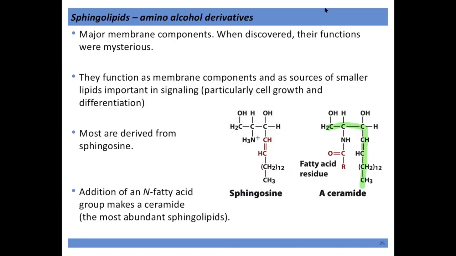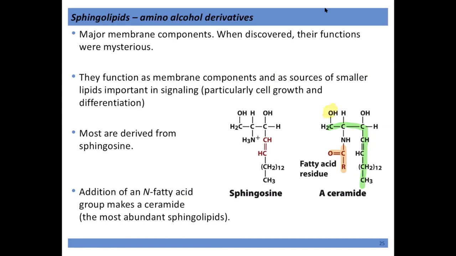And then off of the nitrogen here, instead of forming an ester, you can form an amide. And when you put a fatty acid off there, it's now referred to as a ceramide. So ceramides actually have the sphingosine and a fatty acid residue. And guess what? We're going to include some complexity here, and we're going to attach all types of groups.